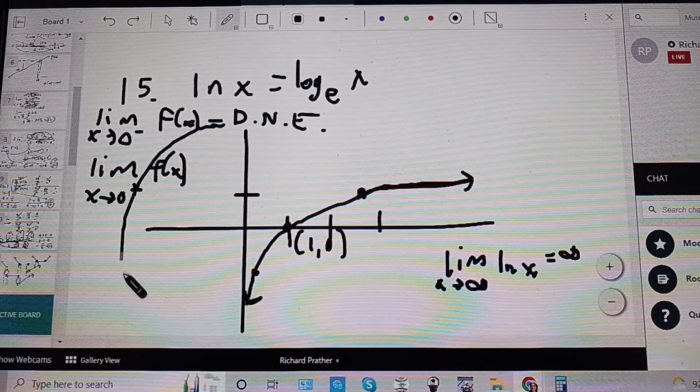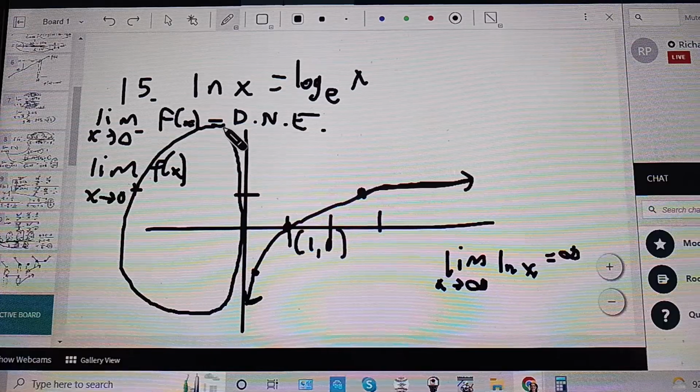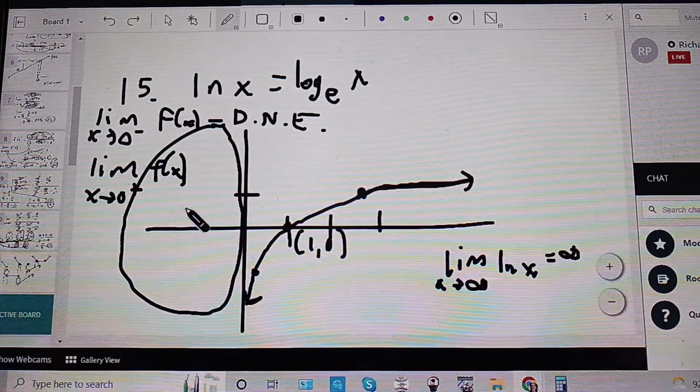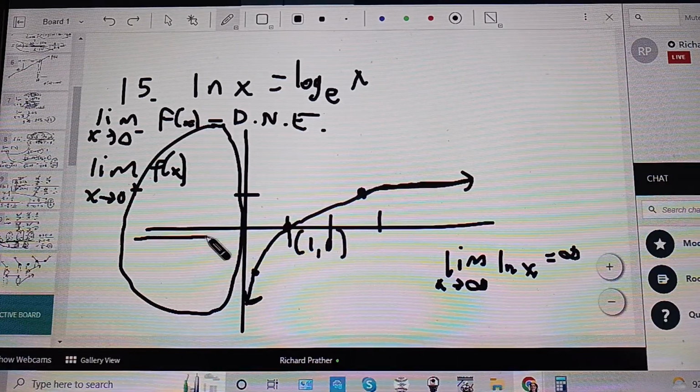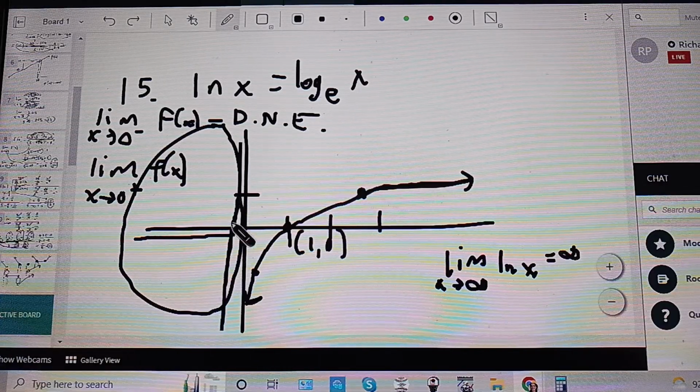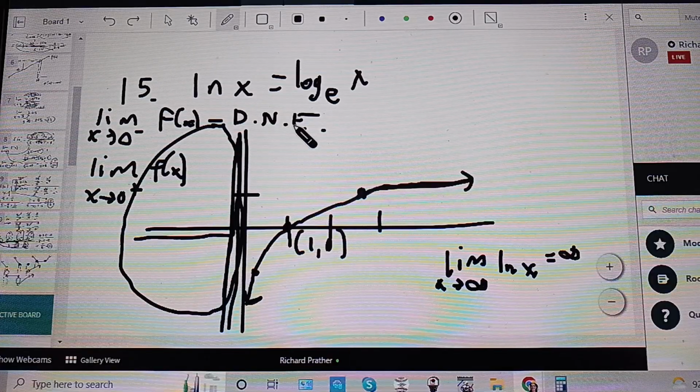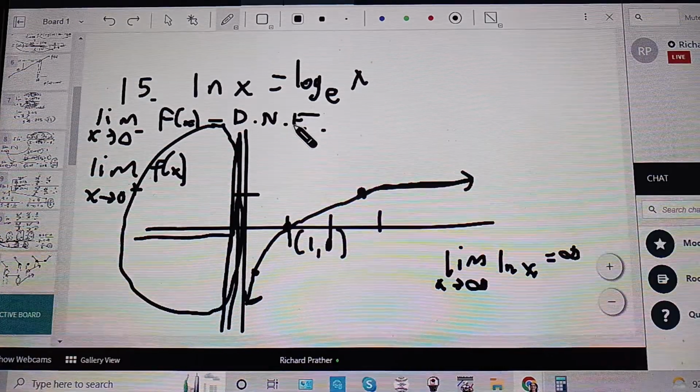There's literally nothing over here happening. Remember how logs can't equal negatives or 0? So I can't get close to 0 from the left. There's nothing to go up or down to touch because the graph doesn't exist there. So the left-sided limit doesn't exist, which means the overall limit is definitely not going to exist.